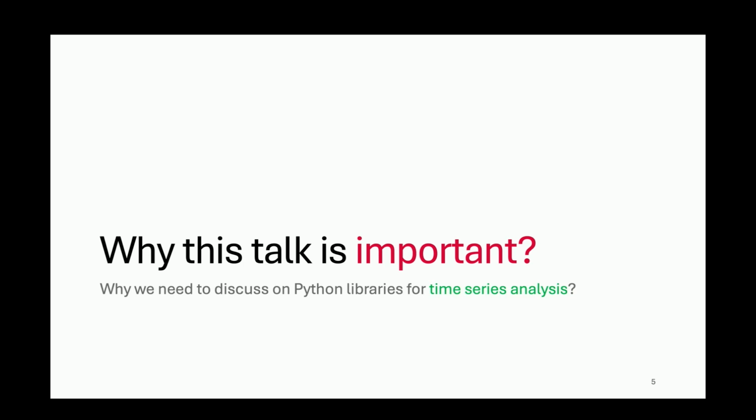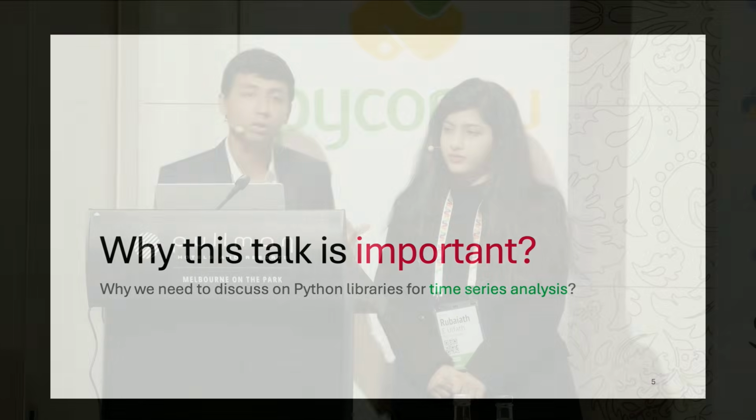And why this talk is important and why we need to know about some Python libraries that are available for time series, I think it's because when we talk about other data types, let's say images or text, and when it comes to AI using images and text, there are a lot of resources, and all the big libraries like TensorFlow and PyTorch, by default, support working with image data or text data.